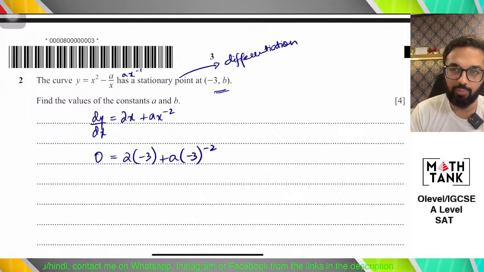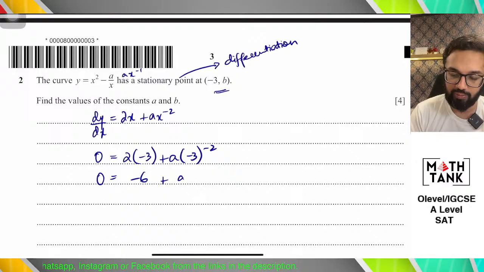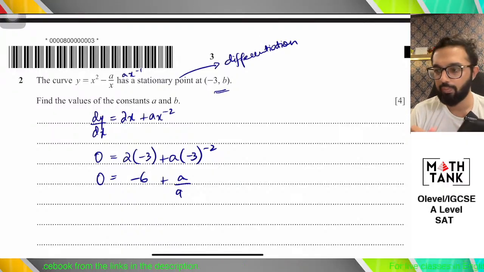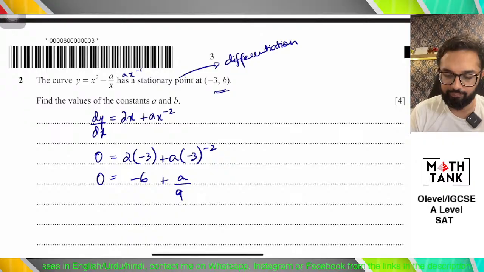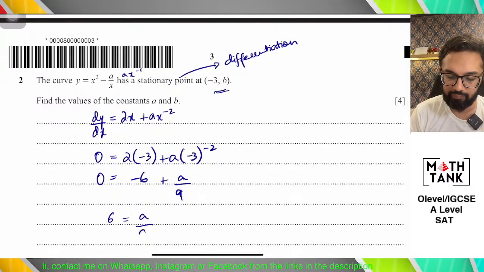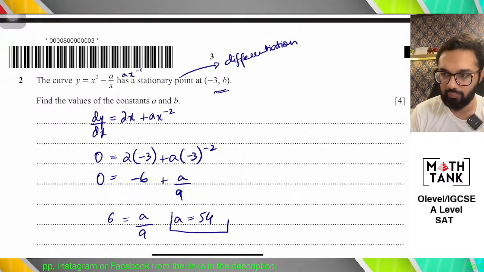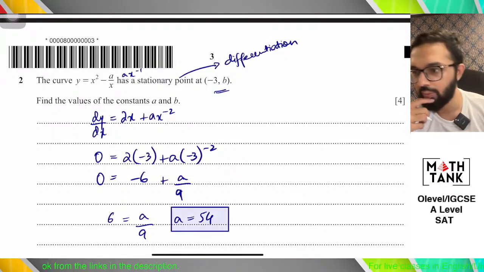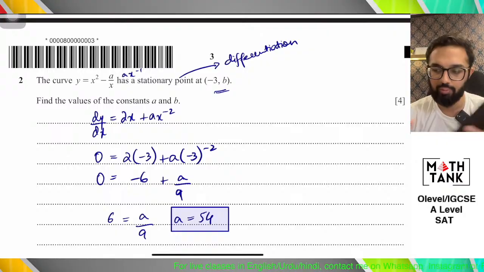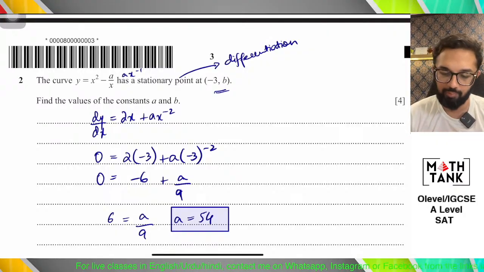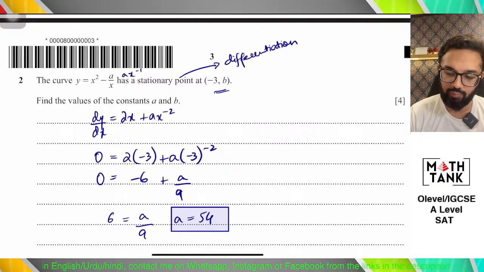Minus 3 power minus 2 gives me minus 6 plus a over 9, so a equals 54.